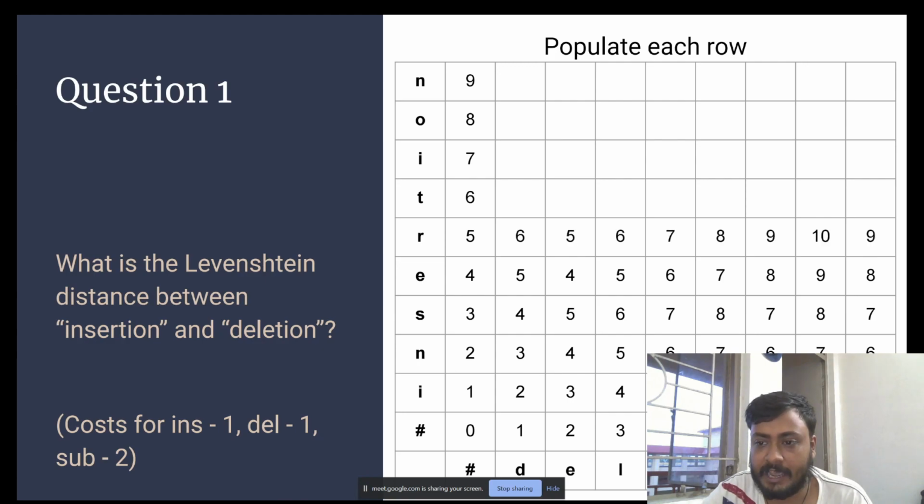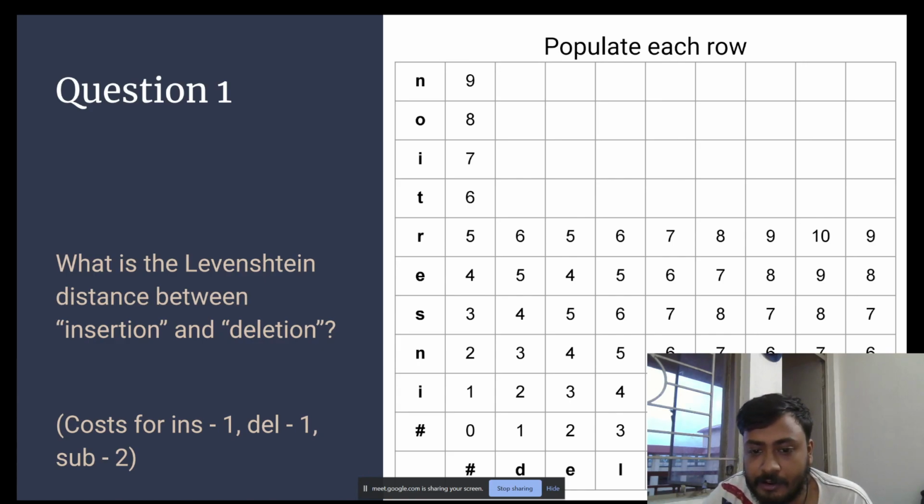All right, and do you know how we finally get the final value of the edit distance between these two words? Which box is that, if anybody could answer? I hope you guys are familiar with that. Where do we get the final value of this calculation? Yeah, so somebody said the last cell.